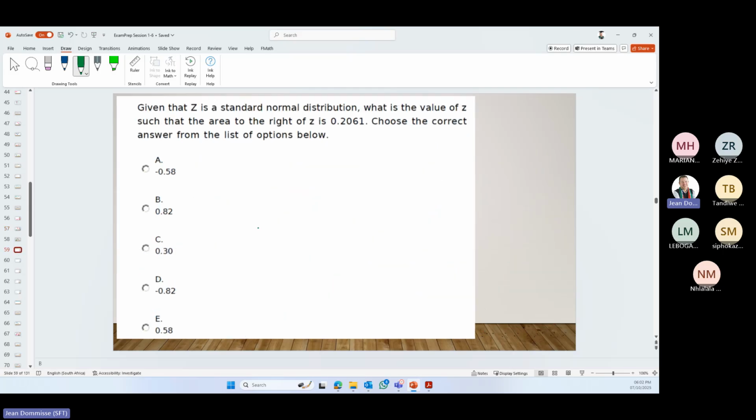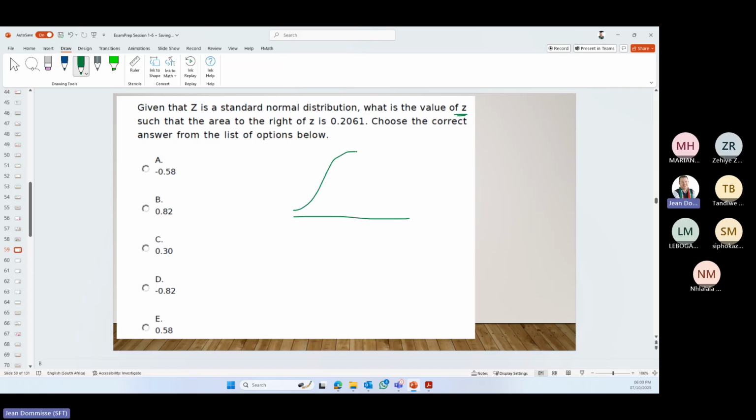Okay, so then let's go to a question where they give you a bit of information. So here they say, given that Z is a standard normal distribution, what is the value of Z?